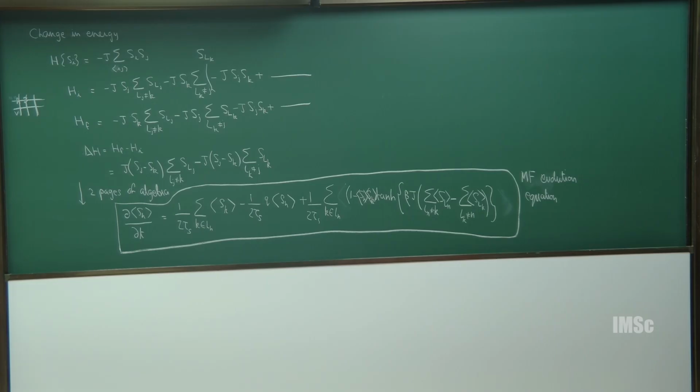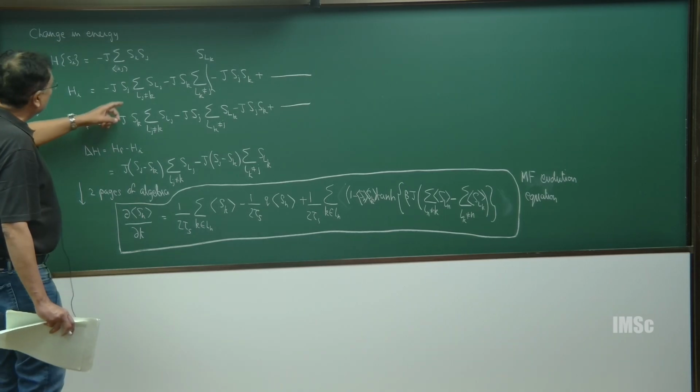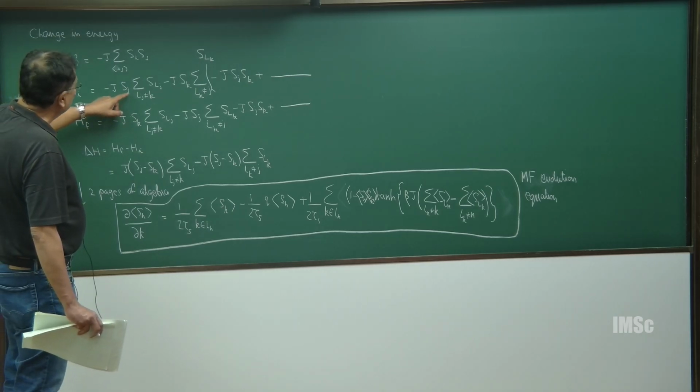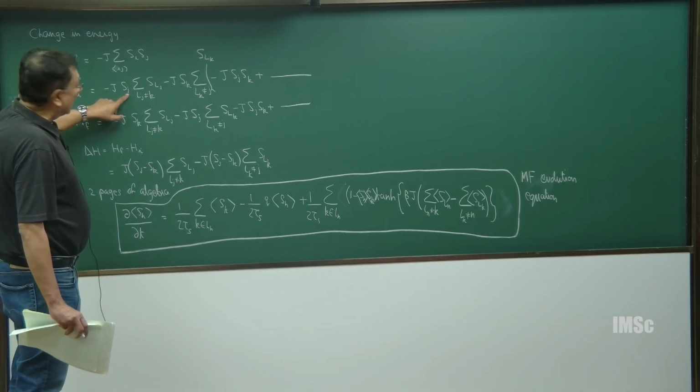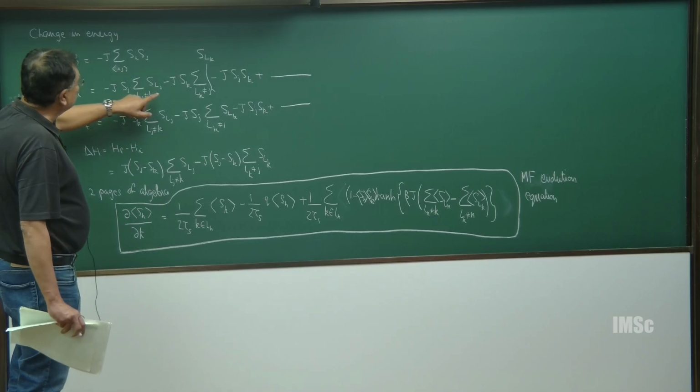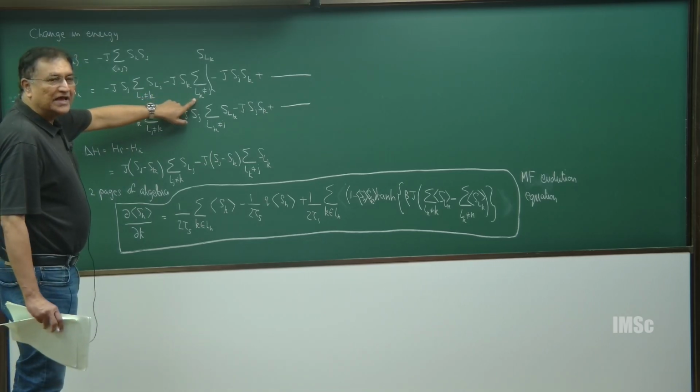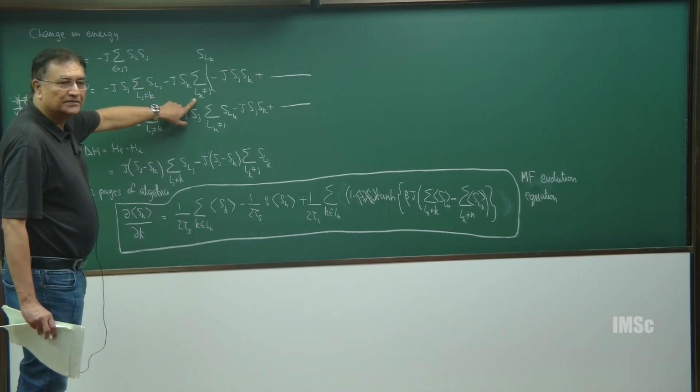You said we are looking at only exchange of nearest neighbors. Right. But in the expression for the initial and final energy, we are just exchanging any Sj with Sk. No, we are not. See, I'm isolating out the terms with Sj and Sk, where Sj and Sk are nearest neighbors.